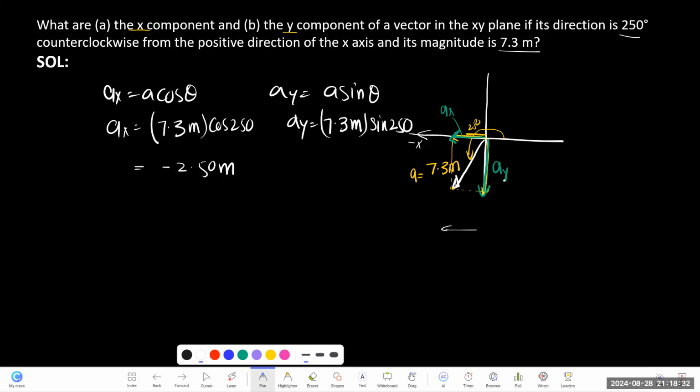Same thing, my AY should also be negative, because in my question both AX and AY are in the negative x and y directions. AY should be equal to minus 6.9. These are the two answers I have here.